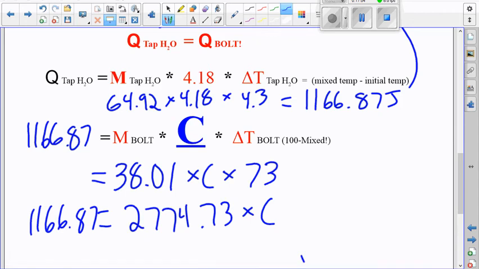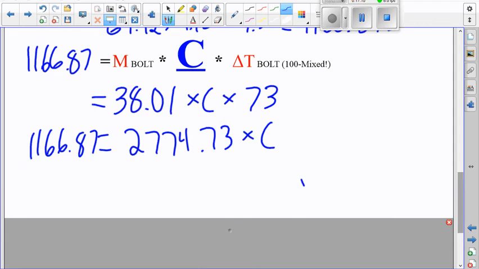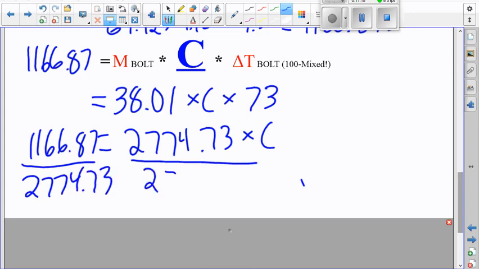Okay? So what do I have to do to both sides? Divide it out, yep. So divide both sides by 2774.73.